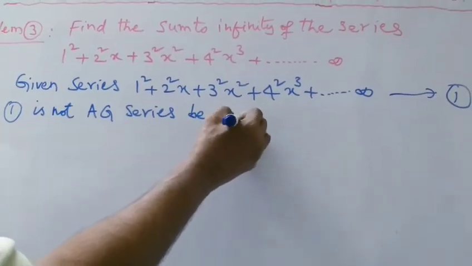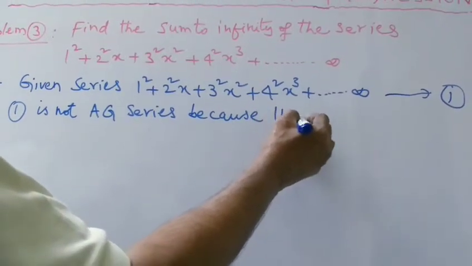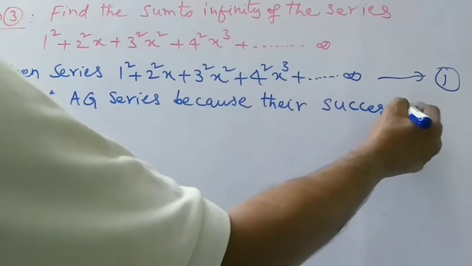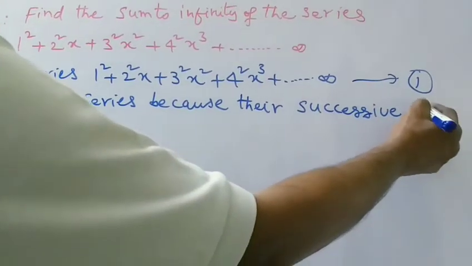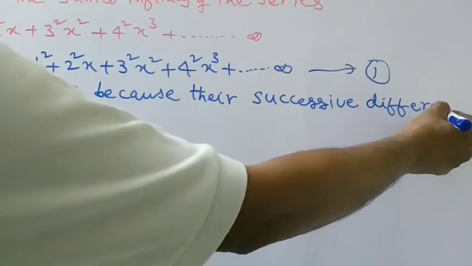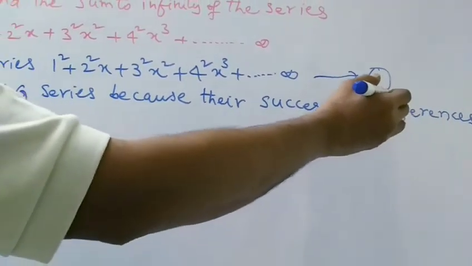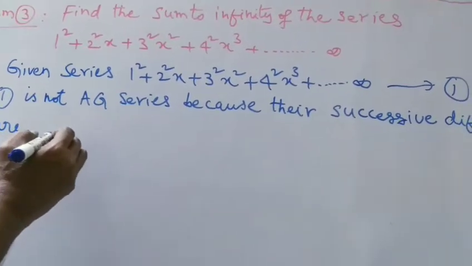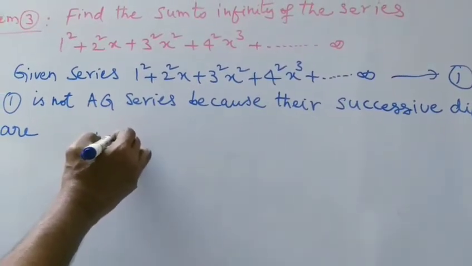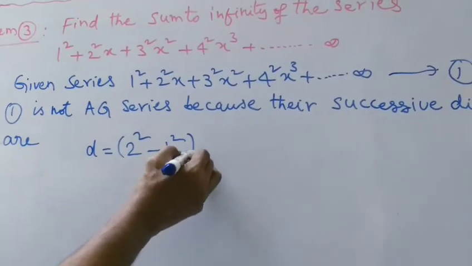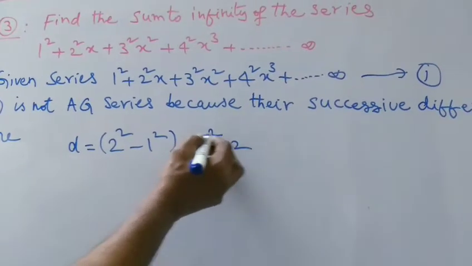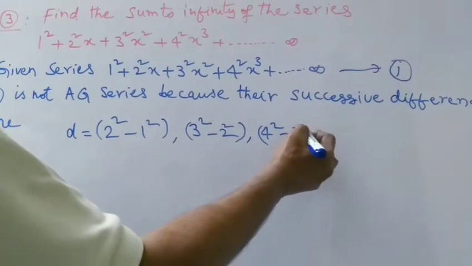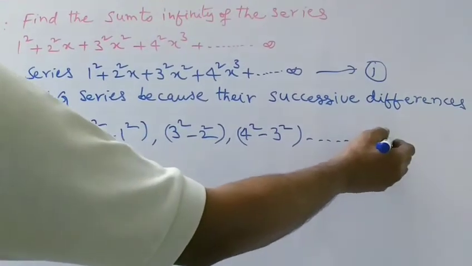because their successive differences are d is equal to 2 square minus 1 square, 3 square minus 2 square, 4 square minus 3 square, and so on terms.